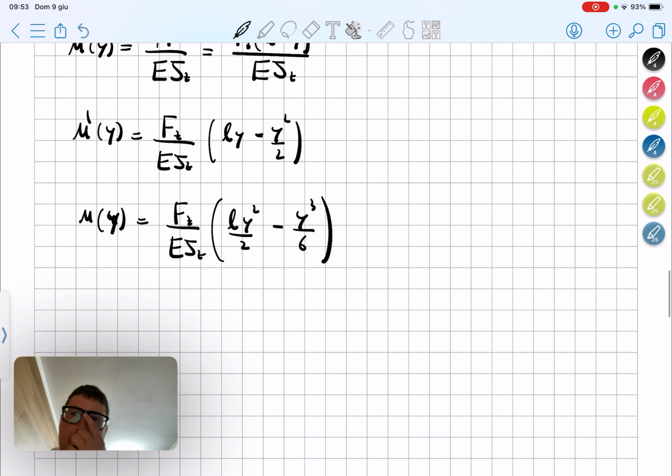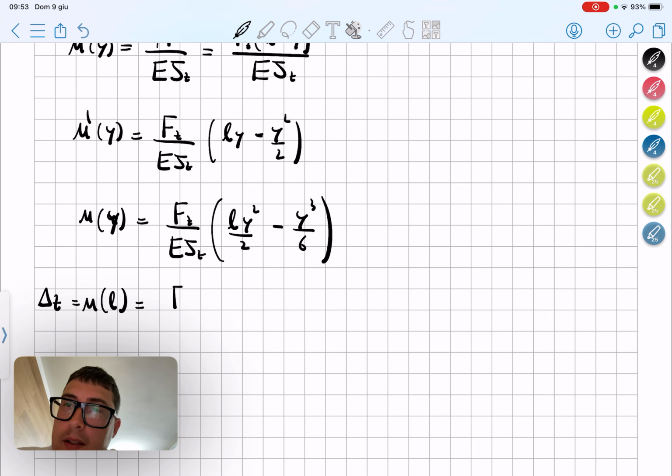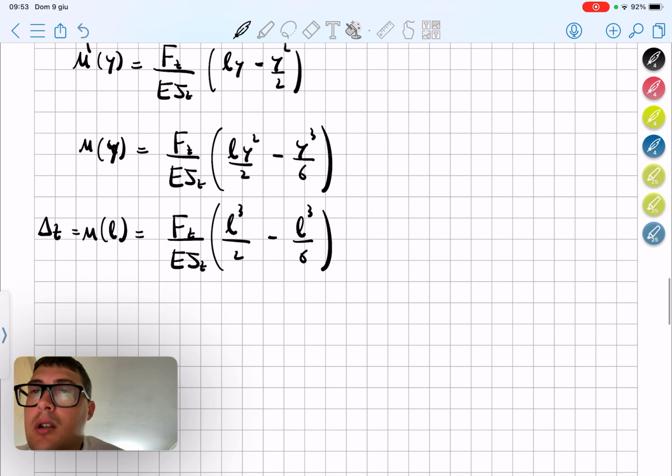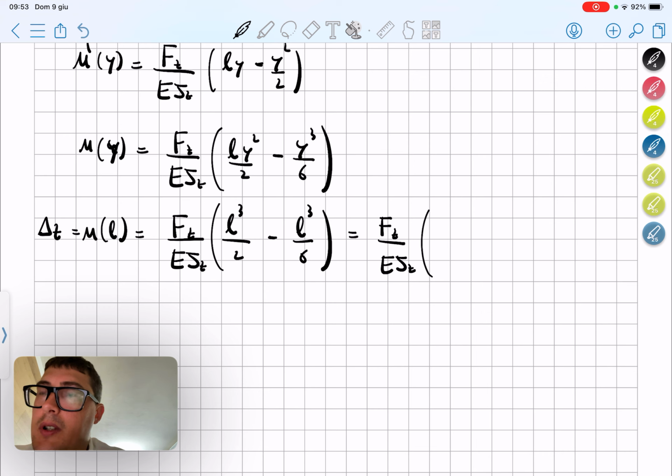Now if we replace, instead of u of y, u of L, we get our delta z, which we want, which is F of z divided by EJz times L to the cube divided by 2 minus L to the cube divided by 6. But L to the cube divided by 2, we can think of as 3L to the cube divided by 6 minus L to the cube divided by 6.